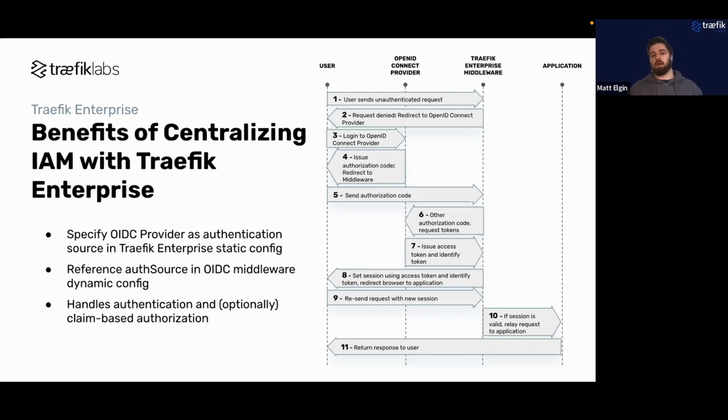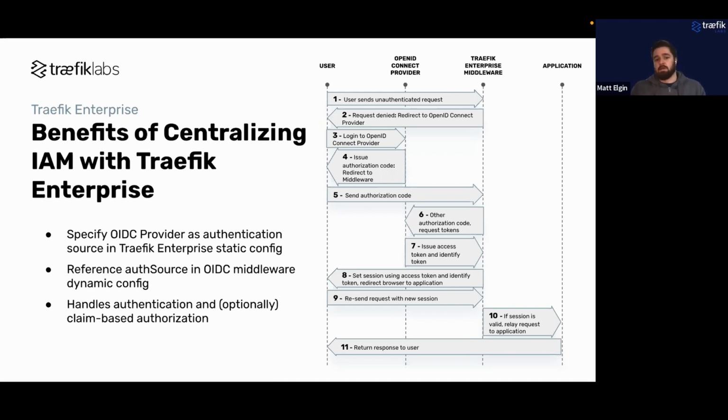But basically what this setup entails is that we're going to specify whatever our OIDC provider is as an authentication source in our static config, so we can centrally point to our identity provider to reuse that across applications.